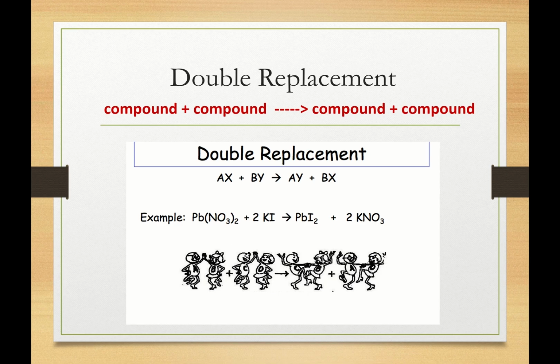Like the name suggests, in a double replacement reaction, the cations of the two ionic compounds essentially swap with one another and bond to the adjacent anions that were originally present. So in our example, for the lead 2 nitrate and the potassium iodide, the lead and the potassium will swap the ions that they're bonded to. So the lead will then bond to the iodide, the potassium to the nitrate, and we form two products.